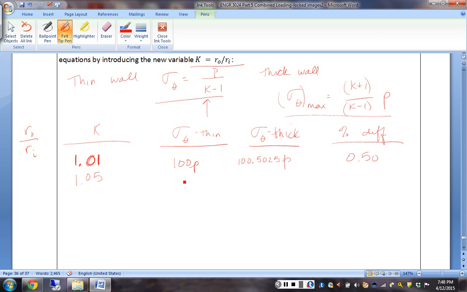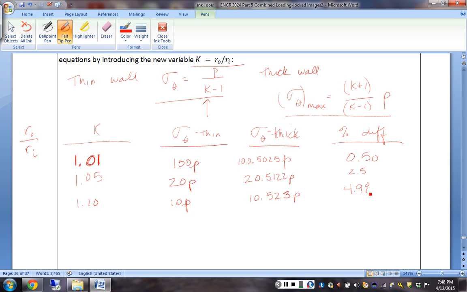If we then have a K of 1.05, that maximum pressure is 20 using the thin-walled equation, or 20.5122 times the pressure for the thick wall. Then you have 2.5% difference. At 1.10, the max is 10 times the pressure with the thin-walled approximation, or 10.523 for the more accurate thick wall.